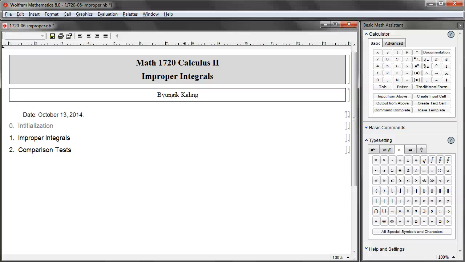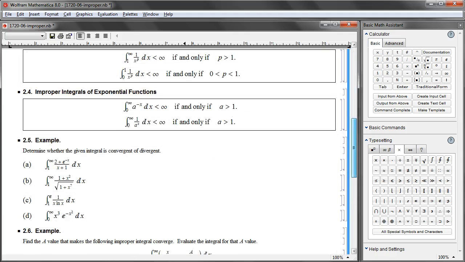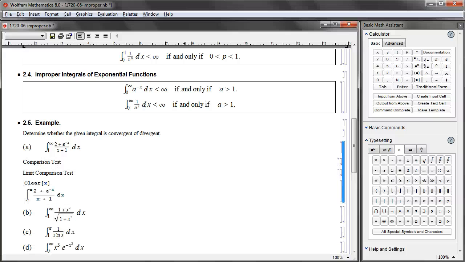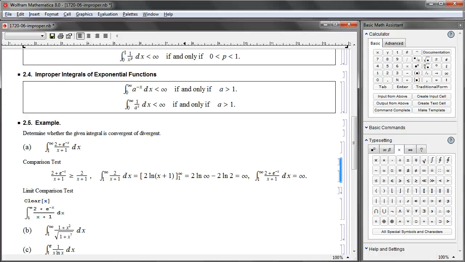Let's resume. In the previous video, we talked about the comparison test, and then we talked about this limit computation, this integral, problem 2.5, and we used the comparison test in a straightforward fashion. e to the negative x power function is positive, so throw that away.